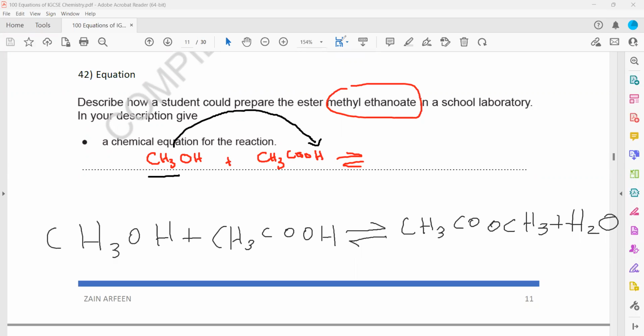So the product will be CH3COOCH3 plus H2O as the other product. So this is again esterification, the formation of ester. That's why water is one of the products. So whenever you're forming an ester, the carbon chain of the alcohol takes the position of the hydrogen of the carboxylic acid to form the ester.